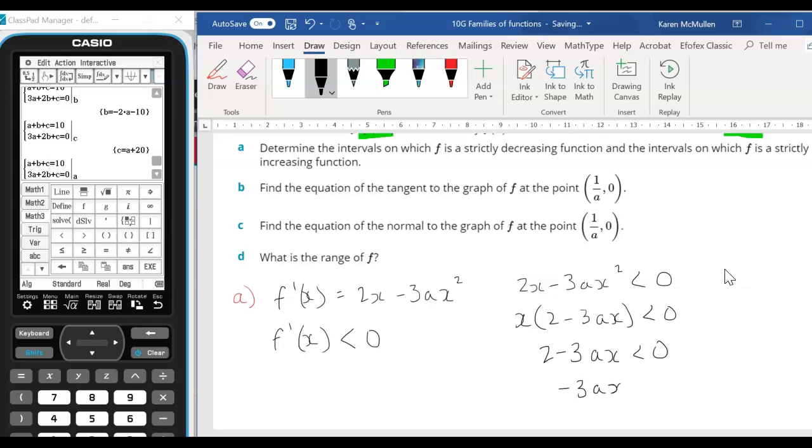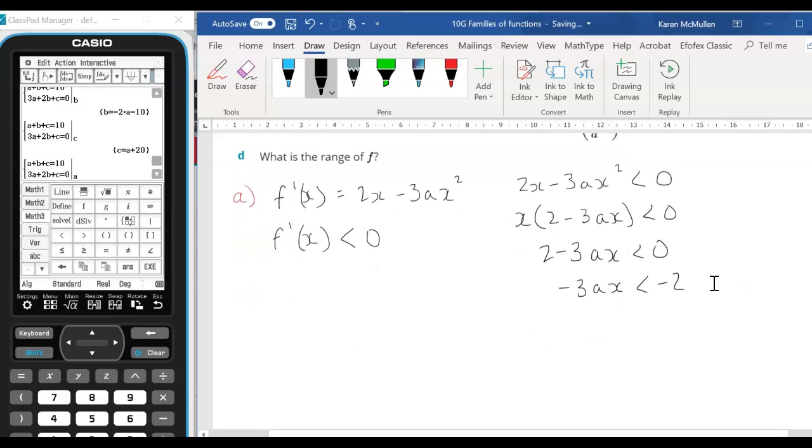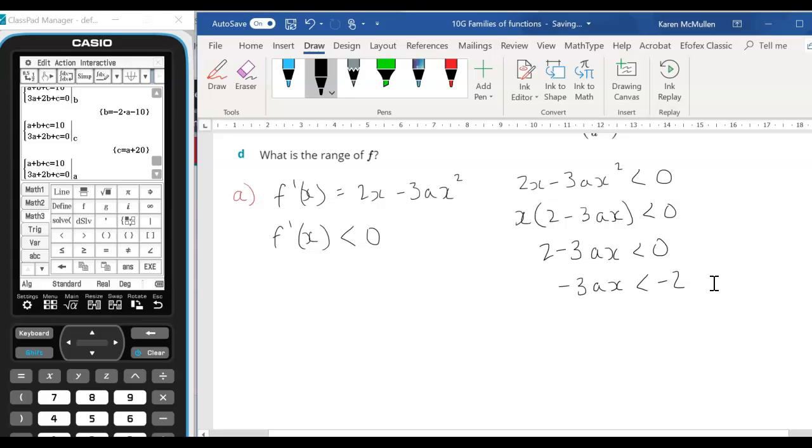Negative 3ax is less than negative 2. All right, let's keep going. Let's divide both sides by negative 3a. And because we've divided by a negative, our inequality sign has to change direction. So x has to be greater than 2 on 3a.